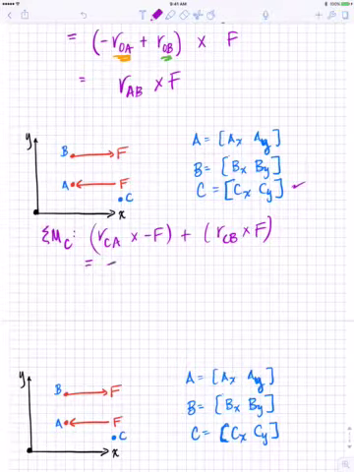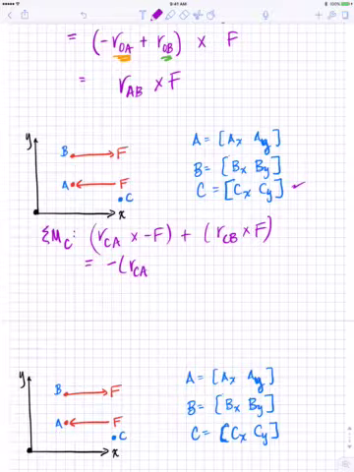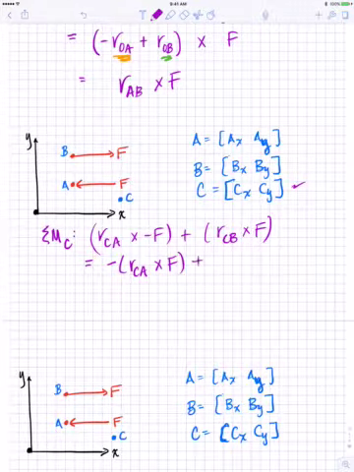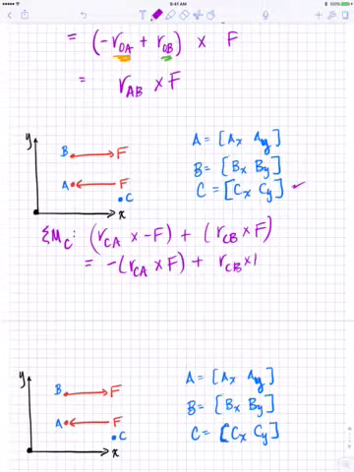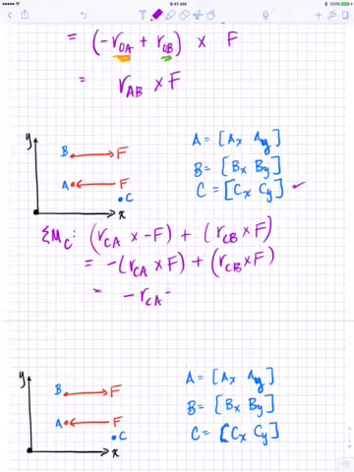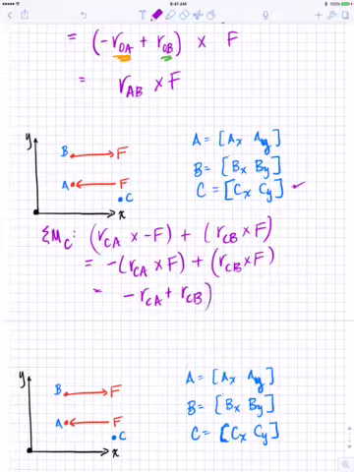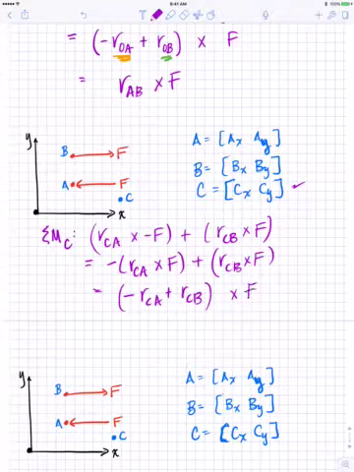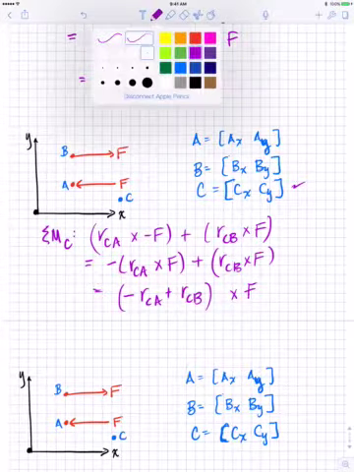Then I'll do the math again. RCA, pull out the minus sign, plus now RCB cross F. And now we can pull out the F. And what you'll see after I do all of this is that we get the exact same vector sum again.